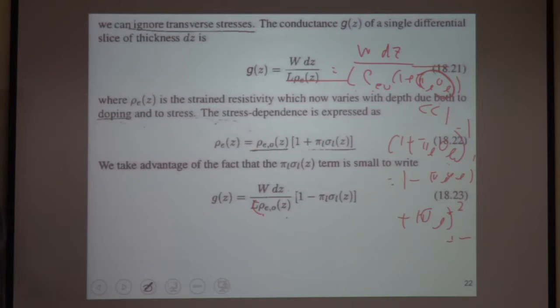But because pi L sigma L is very small, the square, third and fourth order terms compared to first order can be neglected. So we are left with 1 minus pi L sigma L.